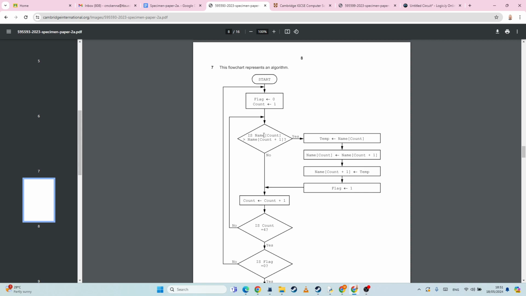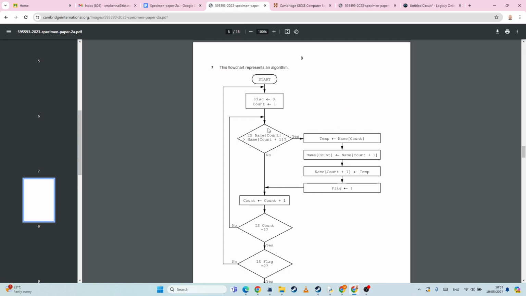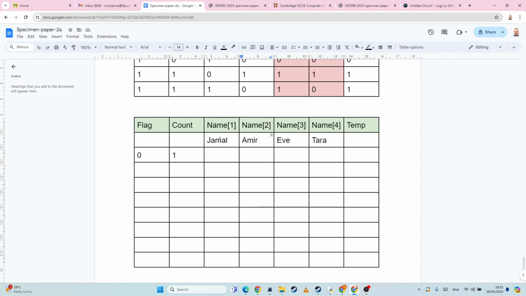So, first of all, is the name at count greater than the name at count plus 1? So, is J further up the alphabet than A? So, the answer to that is yes. So, we go this way. So, temp becomes equal to the name at count. So, name 1. So, temp becomes equal to Jamal.